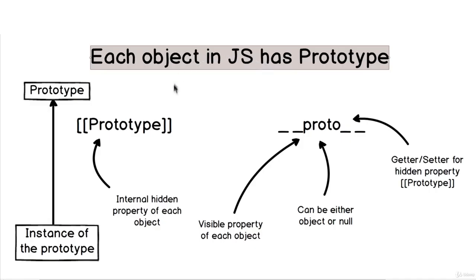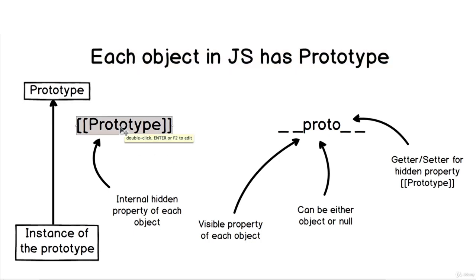Takeaway from this lecture is the following. Every object in JavaScript has prototype, and internally it is accessed using this hidden property. But there is a visible property called __proto__, and using this visible property, you can set or get value of this hidden property. And please keep in mind that variables that contain some primitive variable types, such as strings or numbers, also have this property.